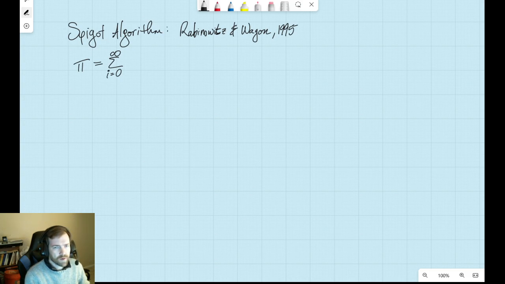So here we go from term 0 through infinity, where we take I factorial and then multiply by 2 to the I plus 1 and divide it all by 2I plus 1 factorial.